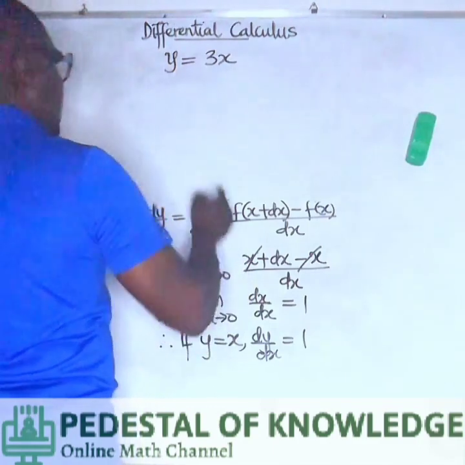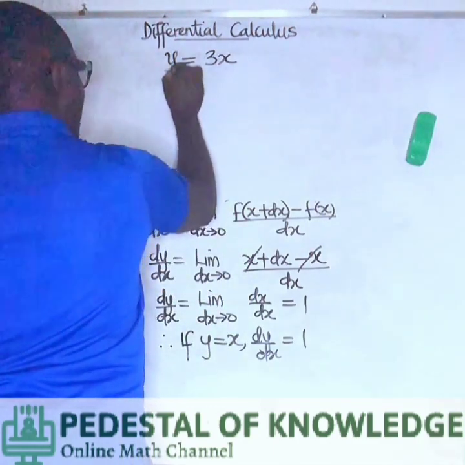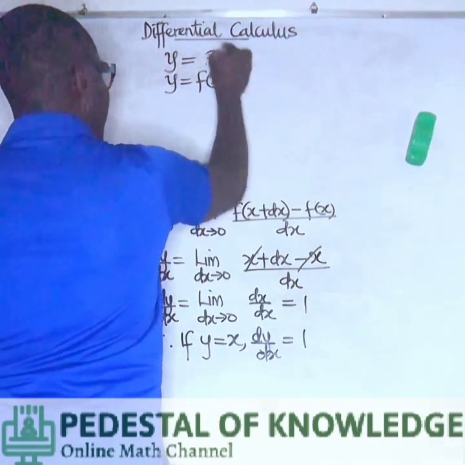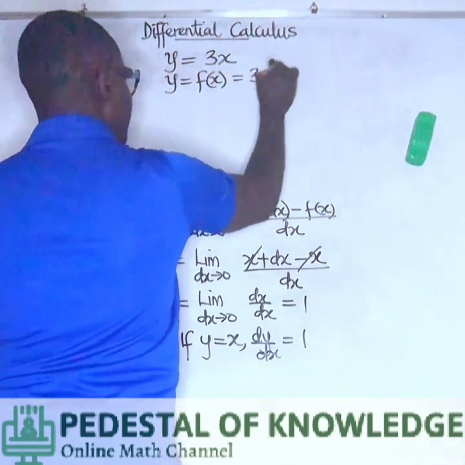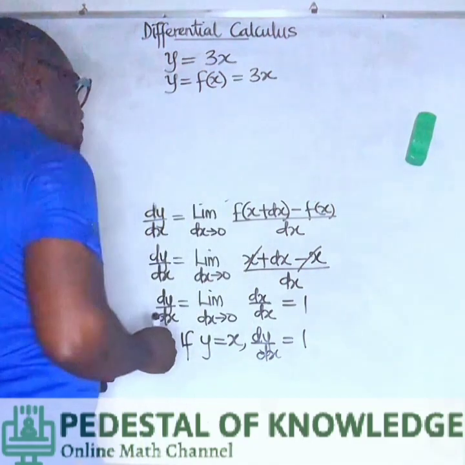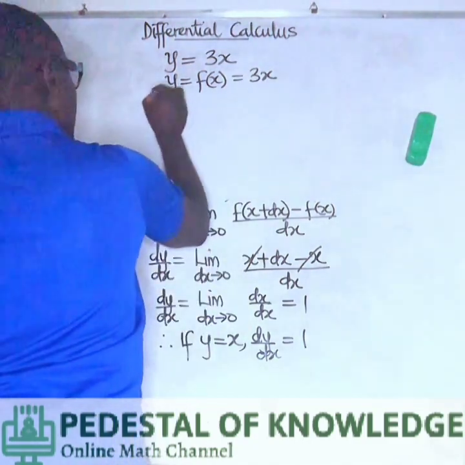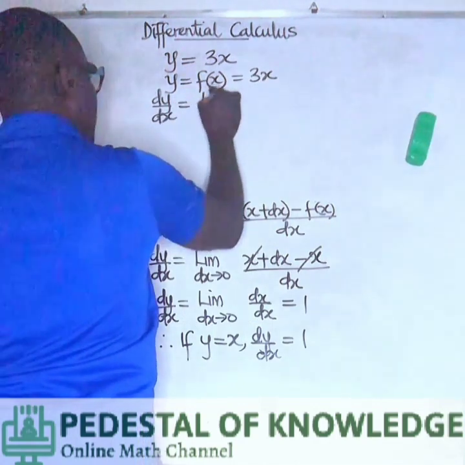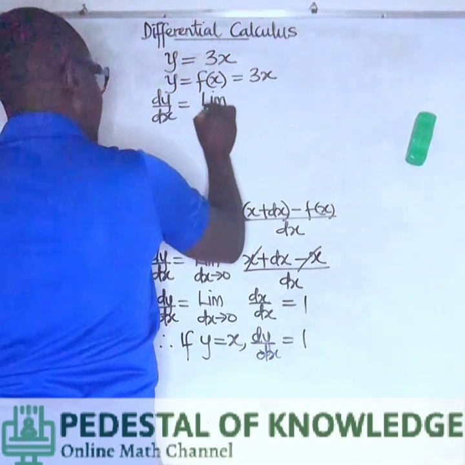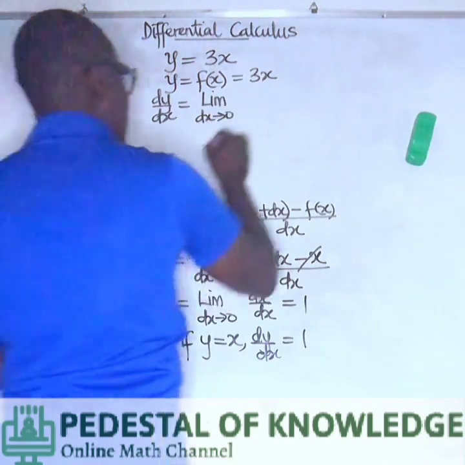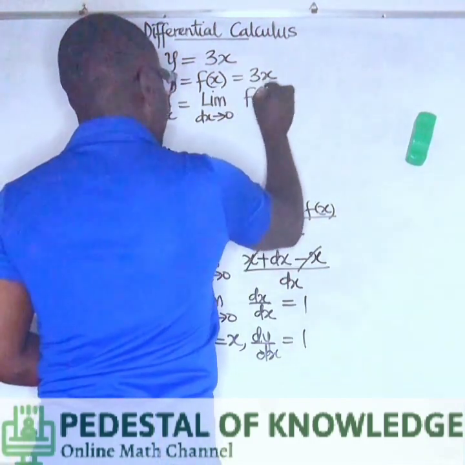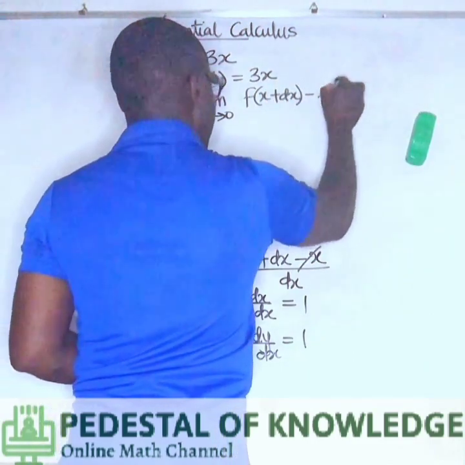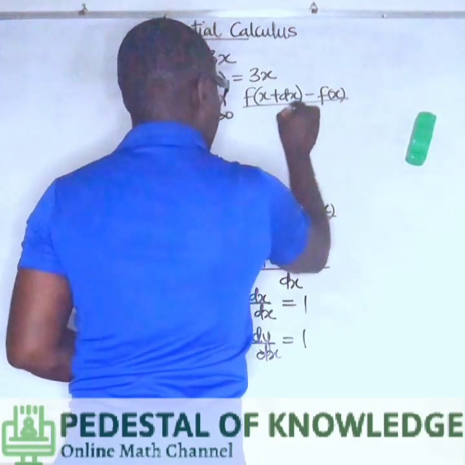What we are going to do here is, y is equal to f of x, and that f of x is equal to 3x, because this is a function of x. Then dy dx is equal to the limiting value as dx approaches 0 of f of x plus dx minus f of x over dx.